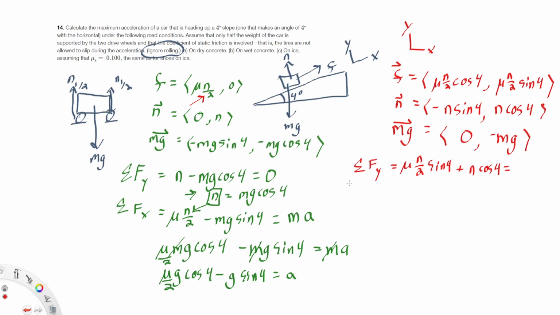We're going up the ramp, which means we are actually accelerating in the y direction. Not much, because it's just the sine of 4, but it's there. And then if we write this down for the x direction, oh, I totally forgot the weight in that previous one.